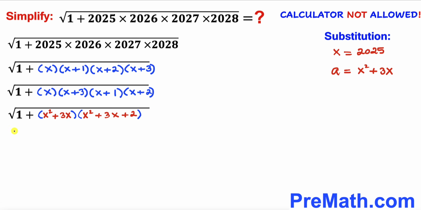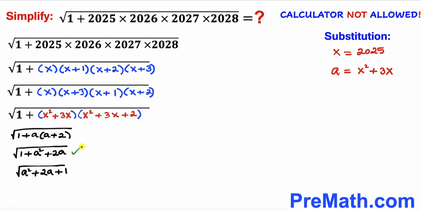So this could be written as the square root of 1 plus a times a plus 2. Since this is our a and this is our a, and then plus 2, as you can see. Now we are going to distribute, multiply them out. So this could be written as 1 plus a squared plus 2 times a.